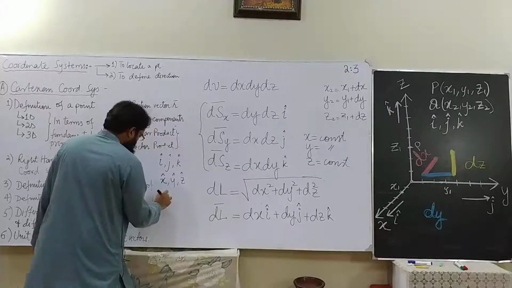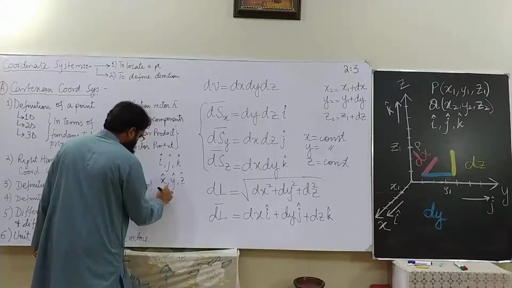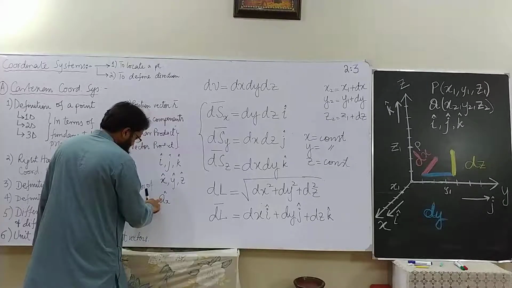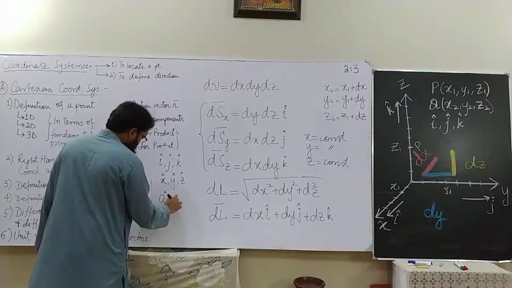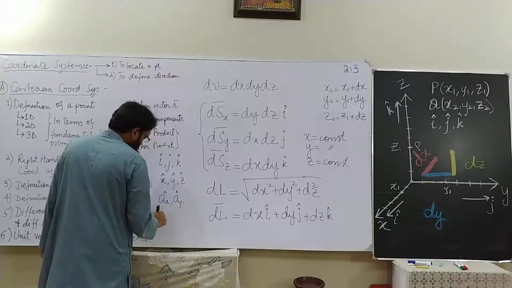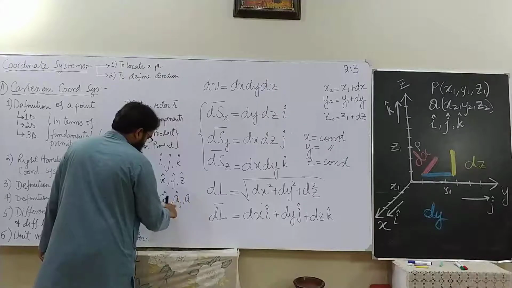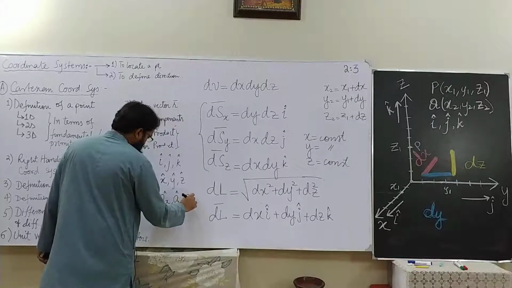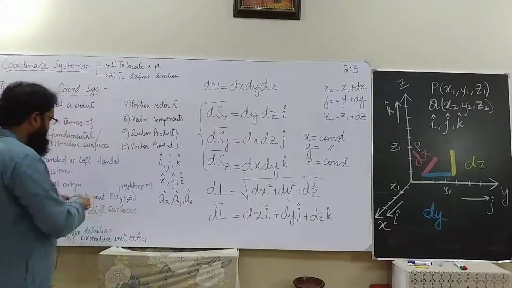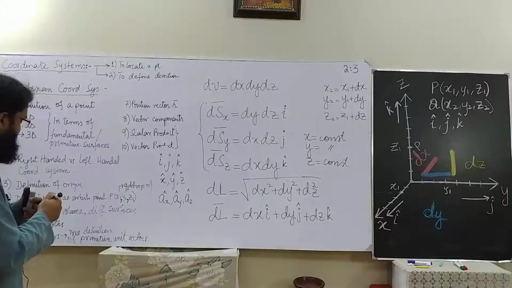William Hayt used another sort of notation. He used small a subscript x cap, small a subscript y cap, and small a subscript z cap, so unit vectors in the direction of x, y, and z.